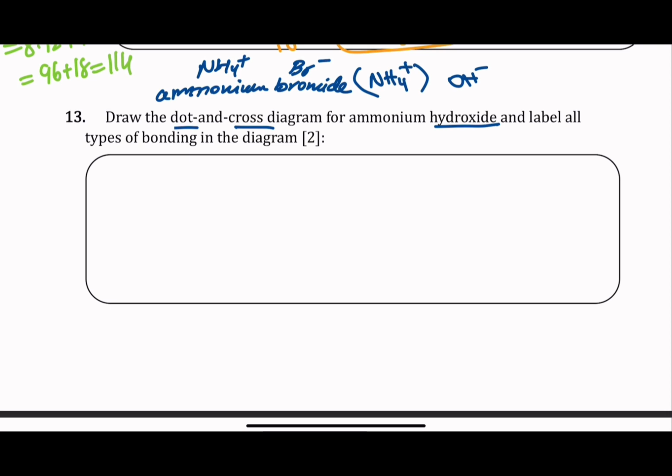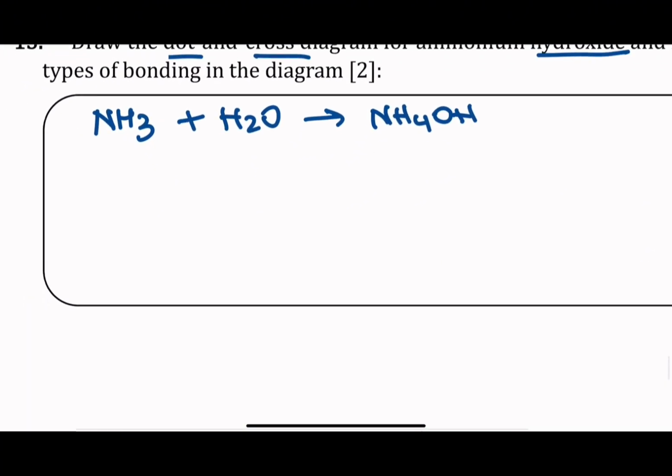I want to show you, first of all, where it is coming from. It is coming from NH3 plus water. Now, this is not something that you need to know, but I want to show you how this happens. So NH3, if you remember, the dot cross diagram of NH3 was nitrogen in the center with 2 electrons here, and then we had hydrogens. I'm going to draw a bigger picture.